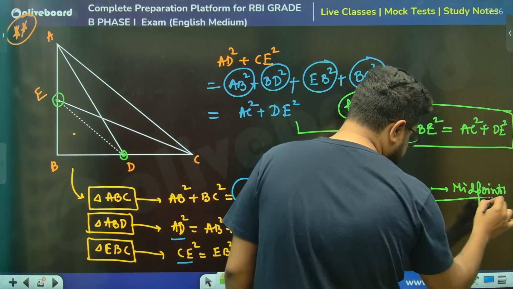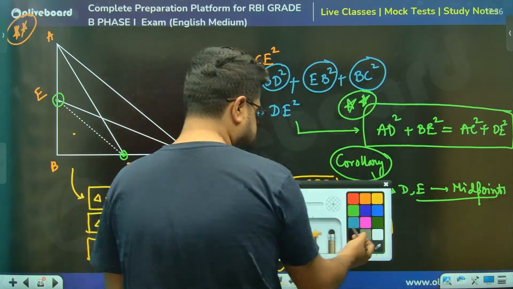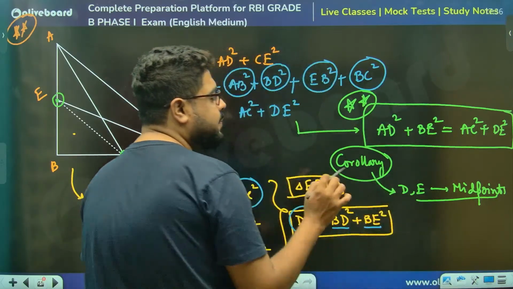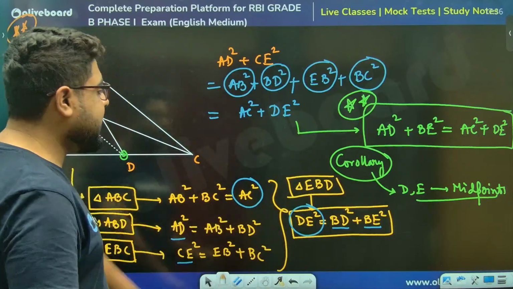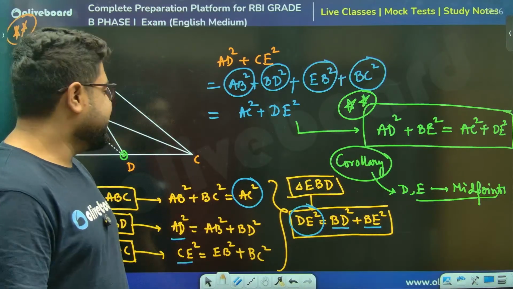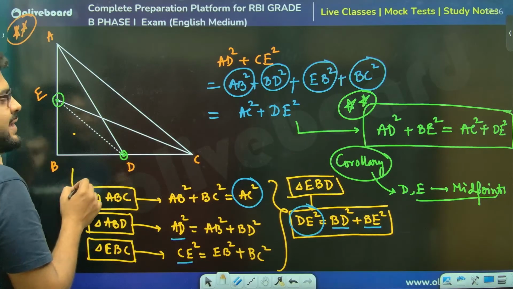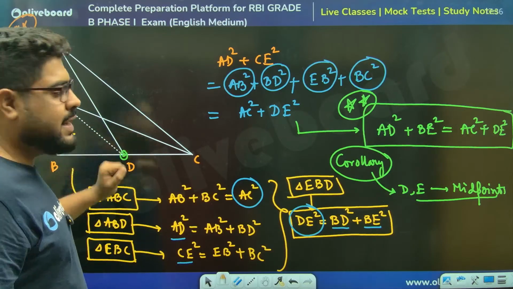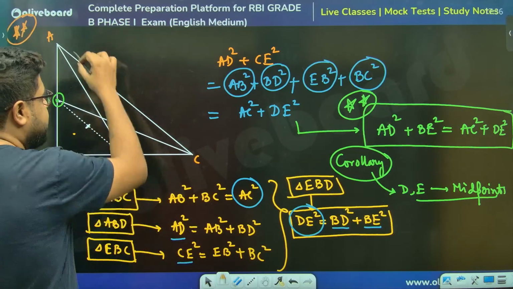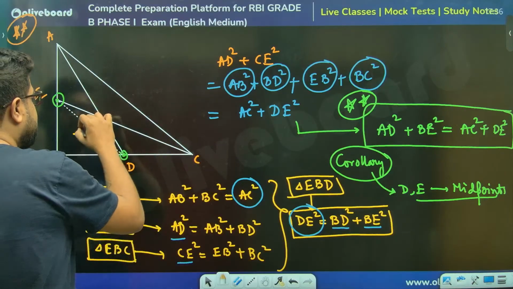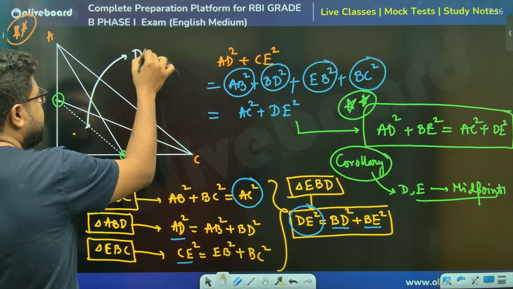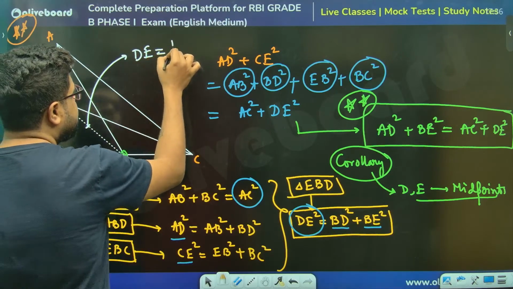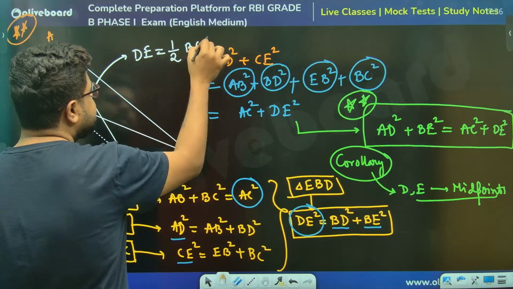You guys will prove everything by your own hand so that you don't have any problem. Sir, D and E, if that is midpoint, the midpoint theorem says the line joining two midpoints of a triangle is half of the base. So from the midpoint theorem, I can say DE is equal to half of BC, sir.